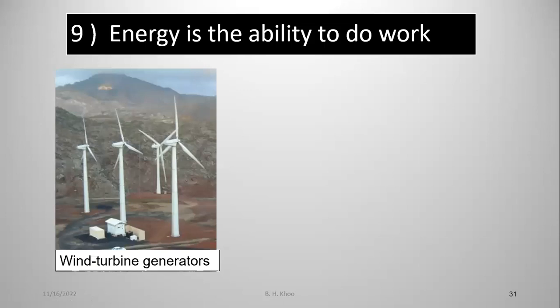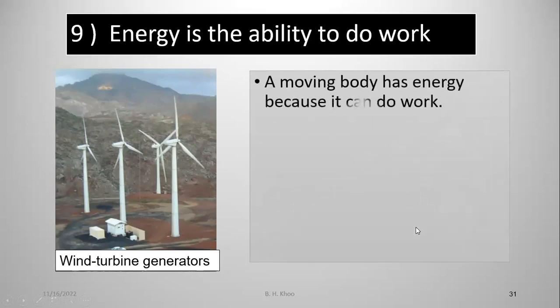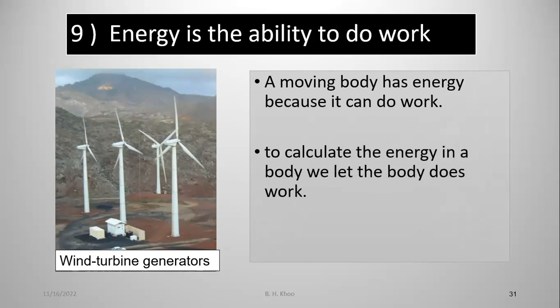First, energy is the ability to do work. The wind turbine generator has energy, so we let it do work. A moving body has energy because it can do work. To calculate the energy in a body, we let the body do work. So energy equals work done.